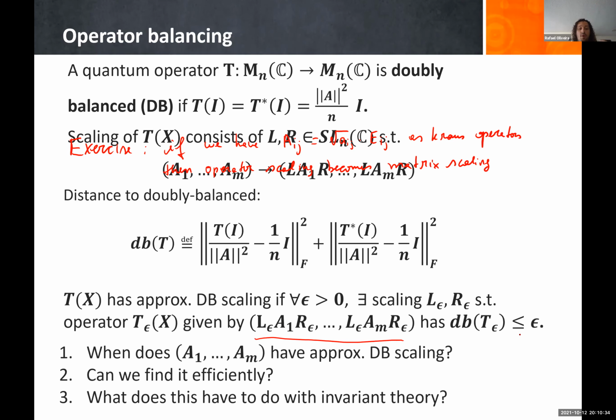And then the questions are the same. When does A1 up to AN have an approximately doubly balanced scaling? And can we find it efficiently? And the third question: what does this have to do with invariant theory? You may be asking, but you told me already this is a group acting on a vector space. Indeed, I told you that. But what is the relation of this doubly balanced scaling to invariant theory?